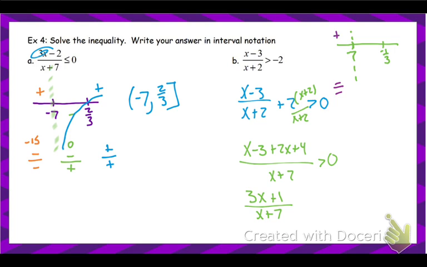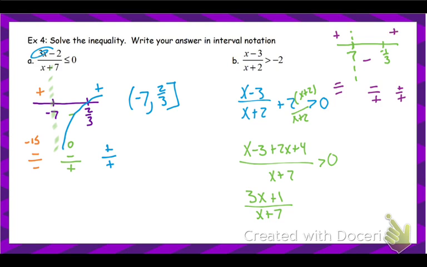Something in the middle, like -2. Sorry, I'm looking at the wrong problem. So 3 times -2 plus 1 would be a negative. -2 plus 7 would be a positive. Negative divided by positive is negative. Anything to the right of -1/3, like 0, would be positive over positive, which is positive.